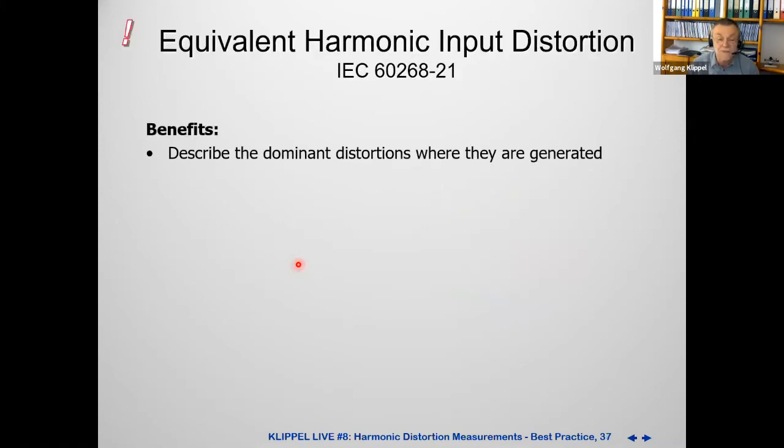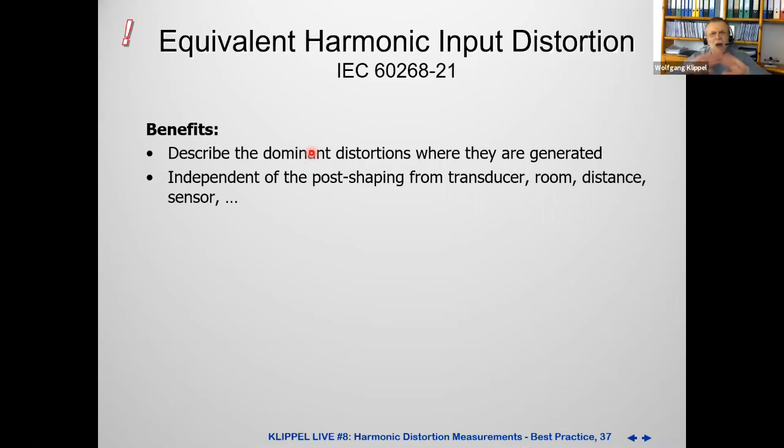What are the benefits? We describe the dominant distortion, or we transform the distortion to the point where they are generated, and we are 100% independent of the transducer, the linear part, the room, the distance, and the sensor.